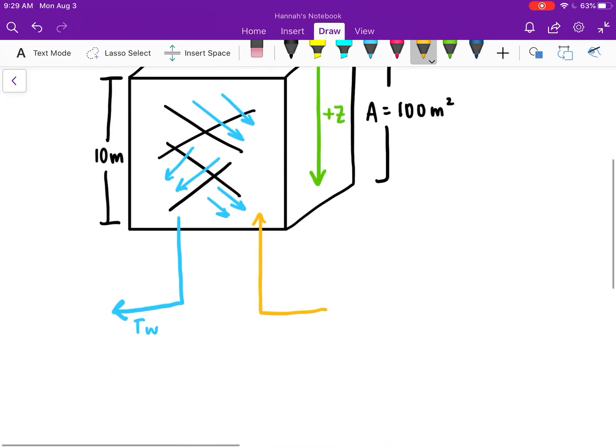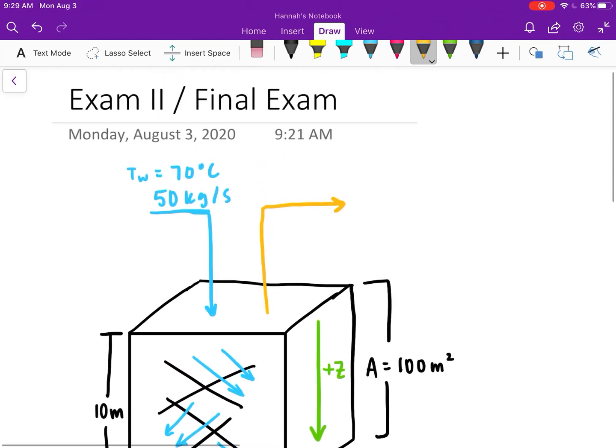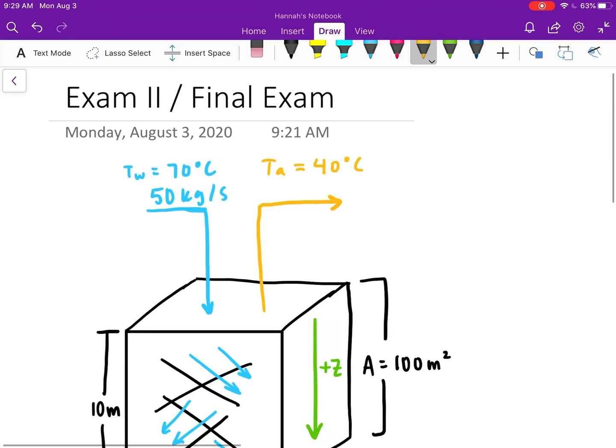We know that the air comes in at 5 meters per second. We do not know the mole fraction, and we do not know the temperature. At the top, though, we know that the temperature of the air that leaves is 40 degrees Celsius. And again, we do not know the mole fraction of the water vapor in the air.